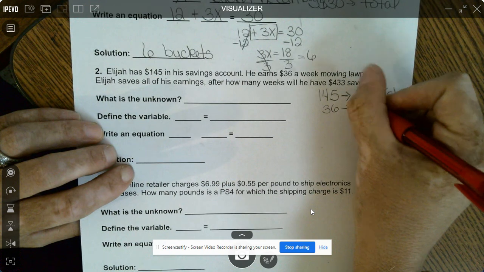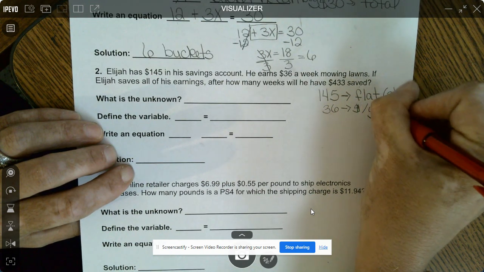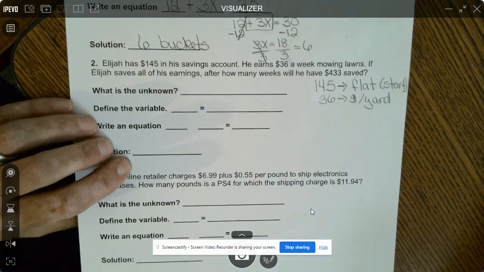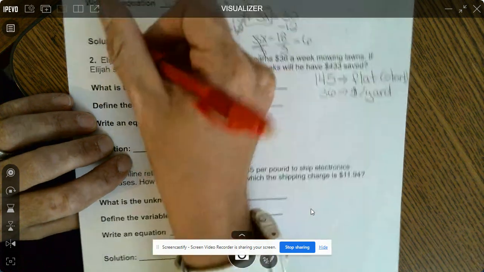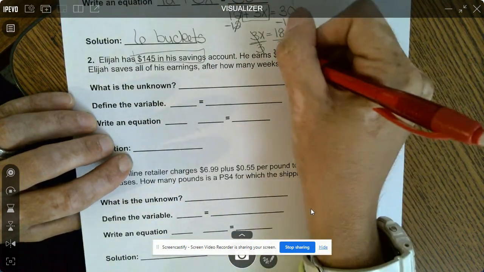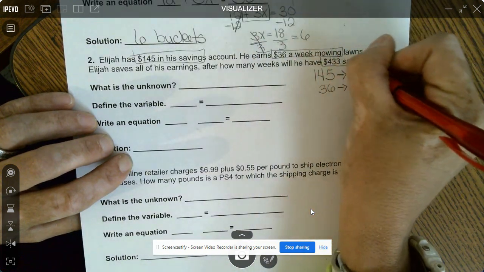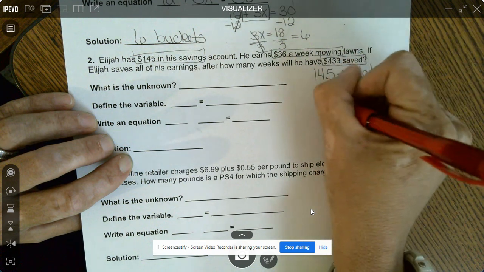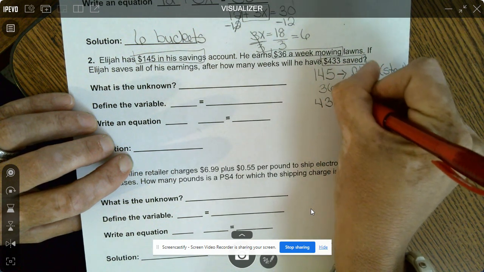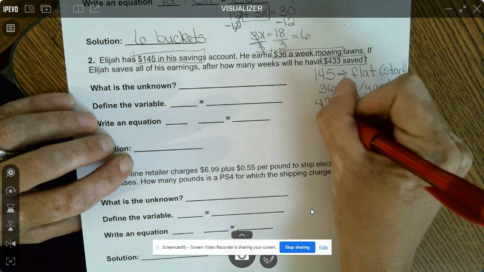So I guess the money per yard. All right, and what else do we have? So that he has a total of $433 would be his total. Yep, and X equals weeks.